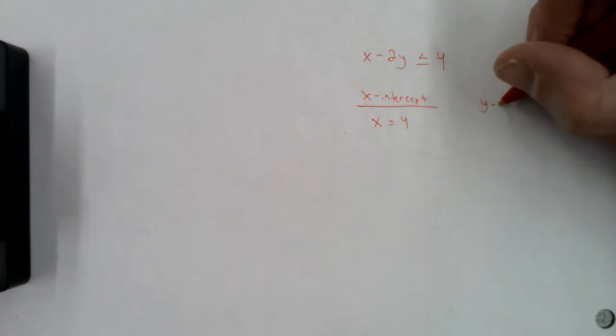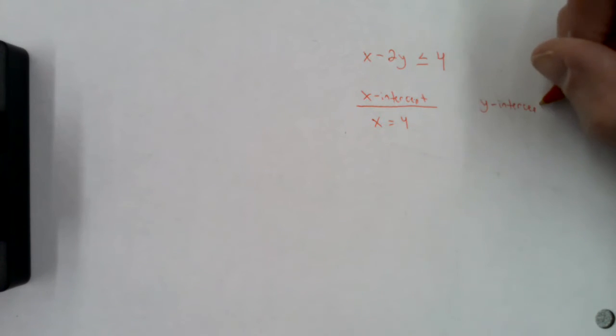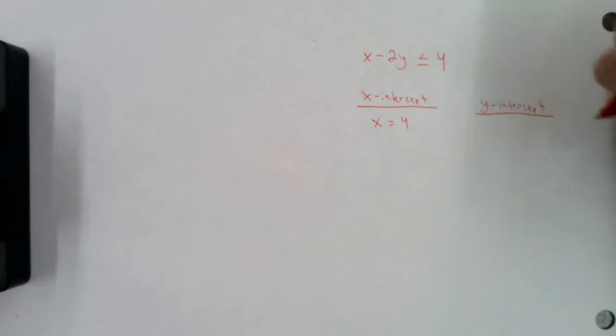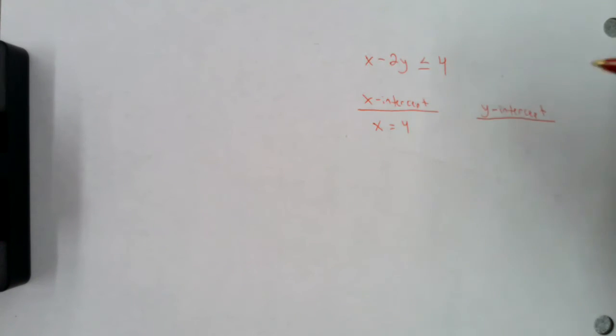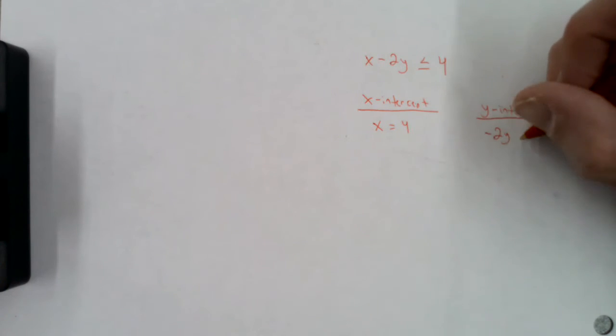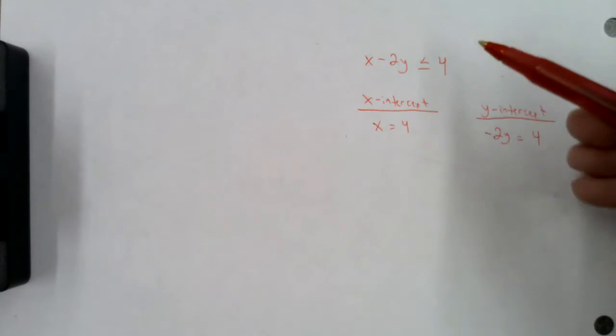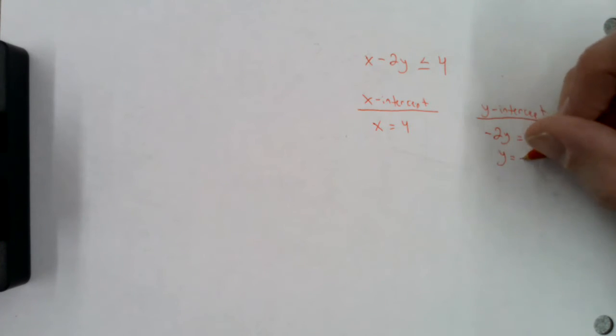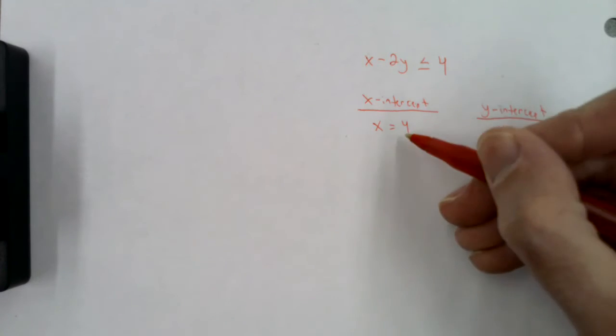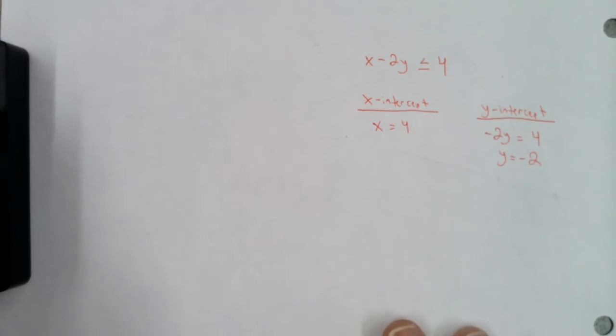For the y-intercept, pretend the x is 0, and what you have left over is negative 2y. You can pretend it's equal to, again, negative 2y equals 4, which means y equals negative 2. So that's your y-intercept, and that's your x-intercept. So the x-intercept is 4.